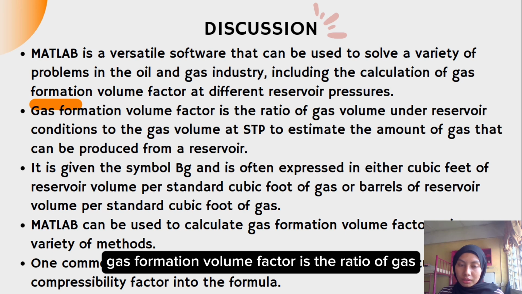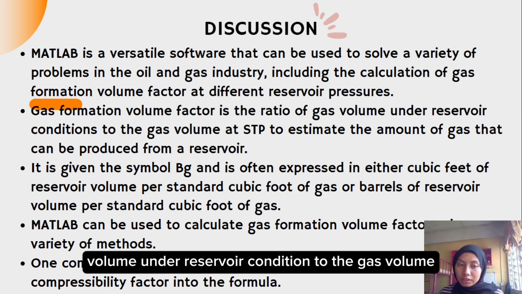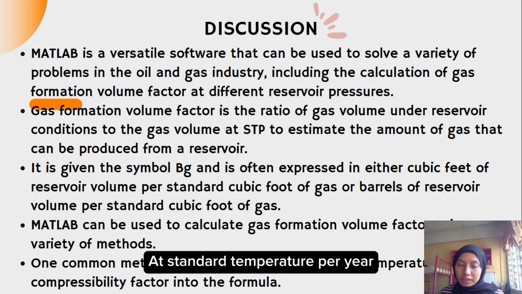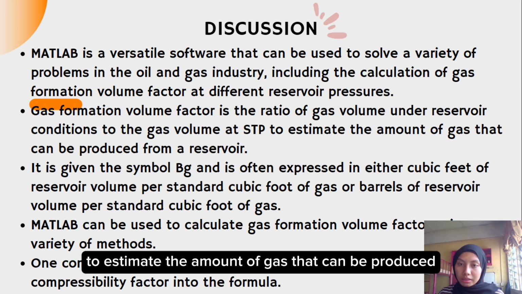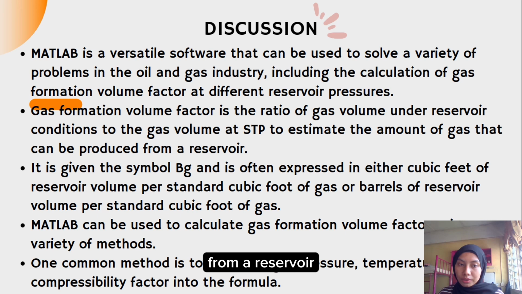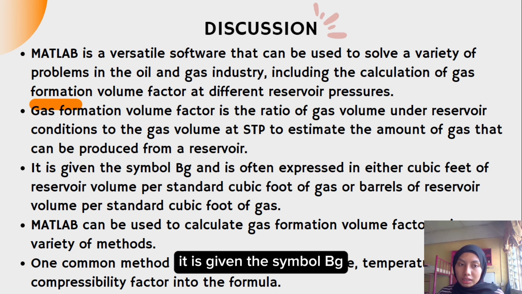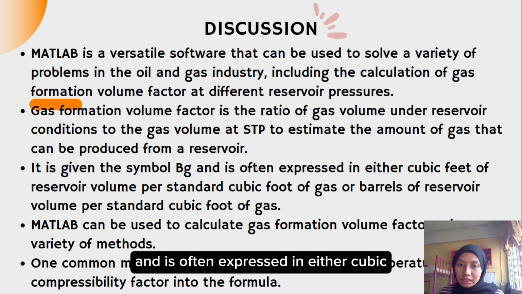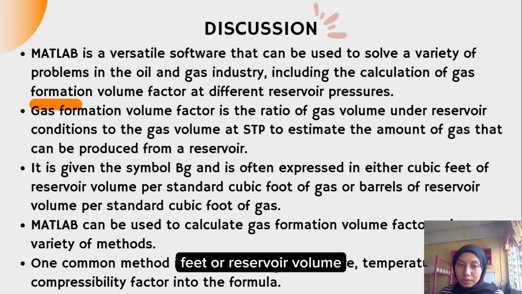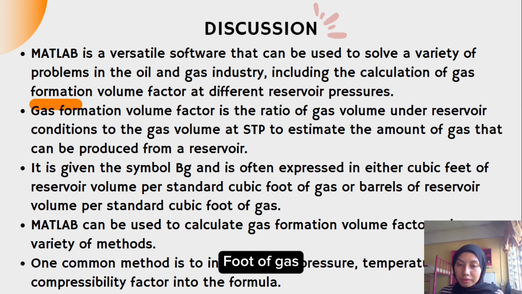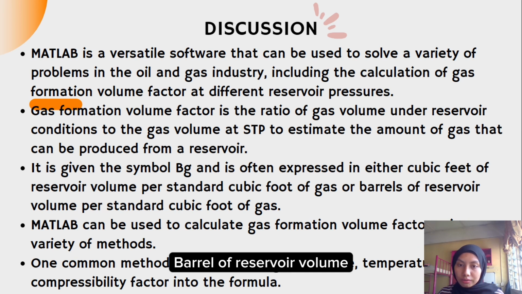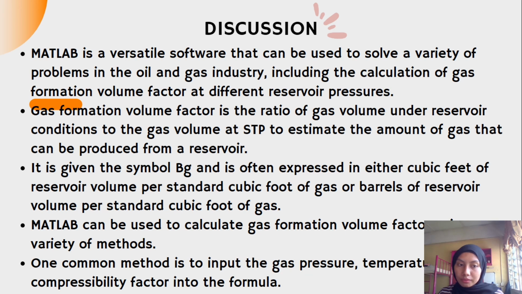Gas formation volume factor is the ratio of gas volume under reservoir condition to the gas volume at standard temperature and pressure, used to estimate the amount of gas that can be produced from a reservoir. It is given the symbol Bg and is often expressed in either cubic feet of reservoir volume per standard cubic foot of gas or barrels of reservoir volume per standard cubic foot of gas.